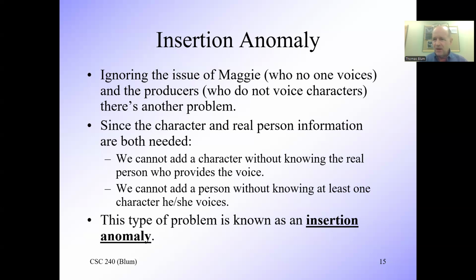So that can be a chicken and egg problem called the insertion anomaly. Our original table had this relationship of a person voicing a character, but now it seems like we need both simultaneously to be able to support this table. So that's an issue we have to address: will our normalization resolve our insertion anomaly?